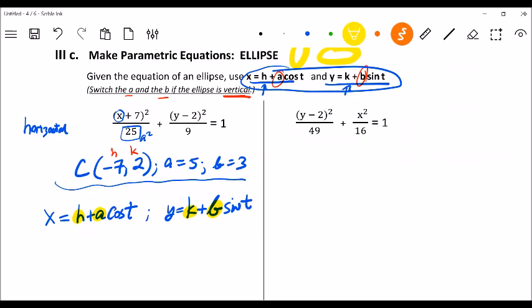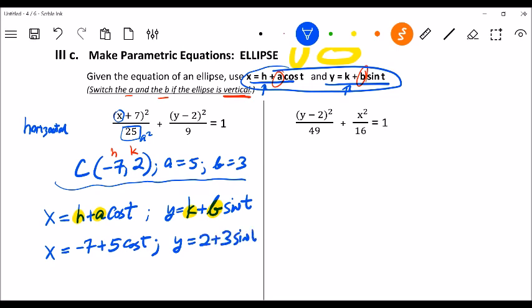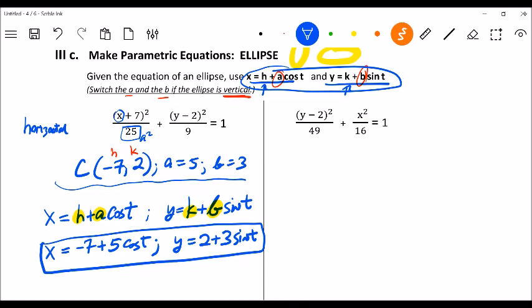And then I'd be able to use t to get an x if I wanted to. Right now, let's go ahead and write these. x equals -7 plus 5 cosine t. y equals 2 plus 3 sine t. And that is the answer, or rather, we made parametric equations. These are the two parametric equations.